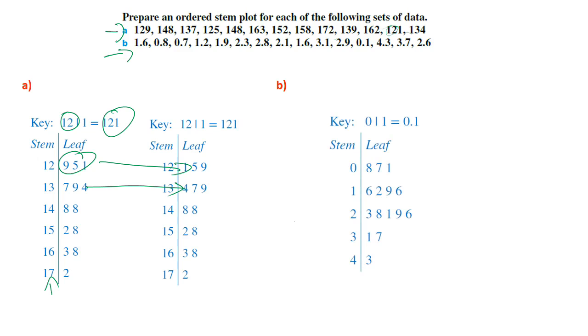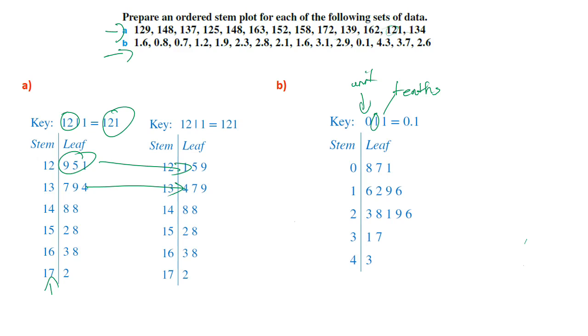And the same for, in this case, the decimal one. In this case, this is representing the decimal point. This is your unit, and this is your tenths. Okay. So if we've got 0.8, we put a 0 where the stem is.